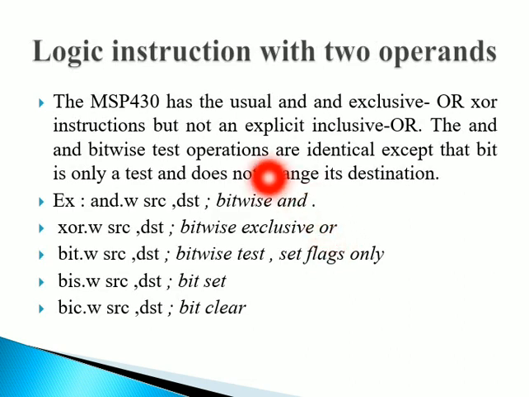Next are logical instructions with two operands. The MSP 430 has the usual AND and exclusive OR, XOR instructions, but it does not have an explicit inclusive OR.